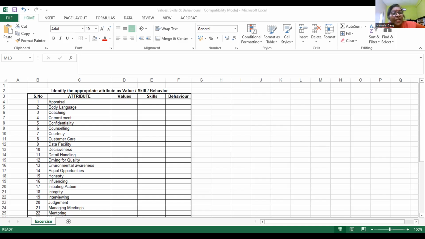So please tick all these, whether each pertains to a value, a skill, or a behavior. Sometimes you feel that it's both a skill and a behavior, then you can tick both. We will take just about 10 minutes, guys. Good enough?